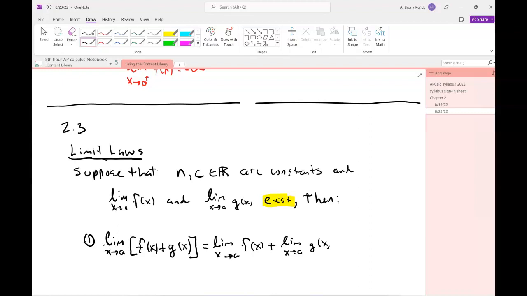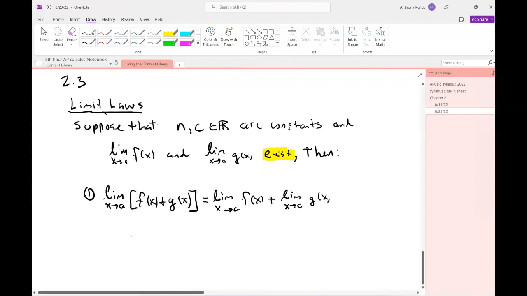Basically, what are we seeing here? That the limit can distribute, right? Everybody's okay with that notion? Seems fine, right?